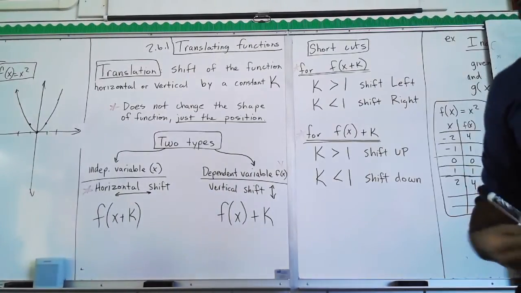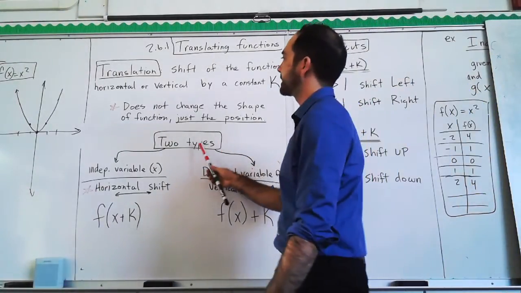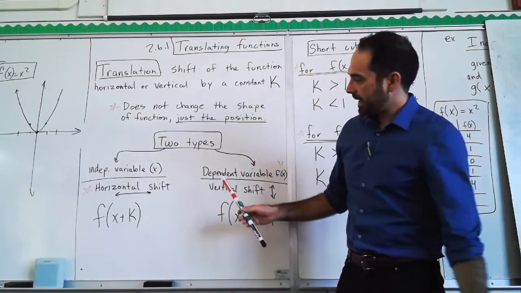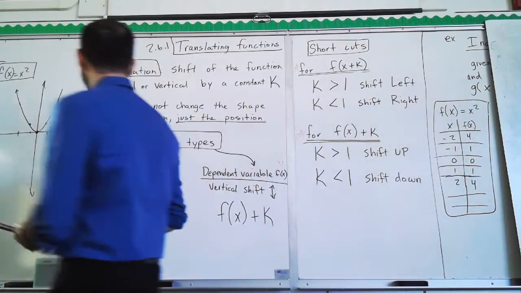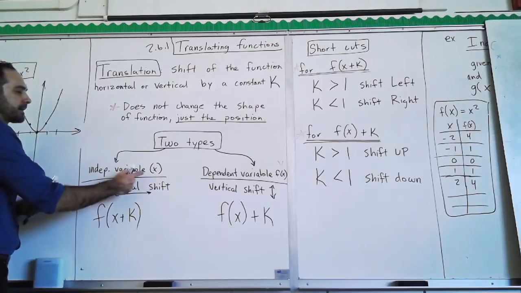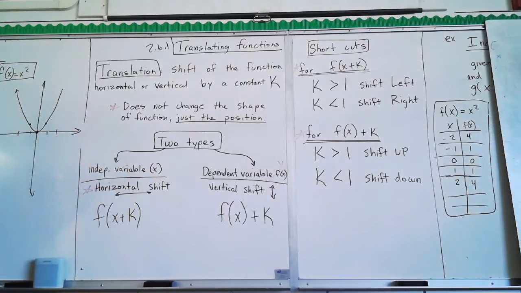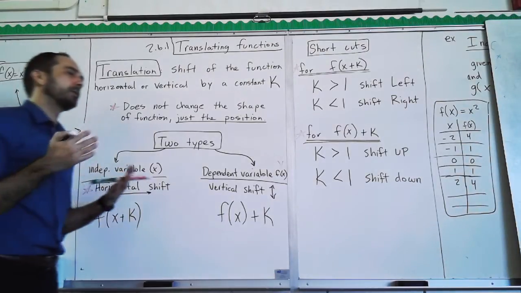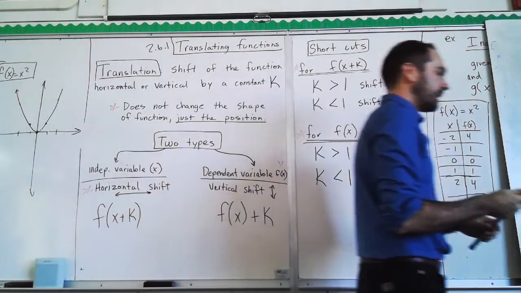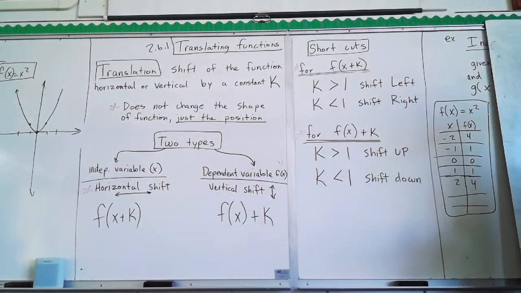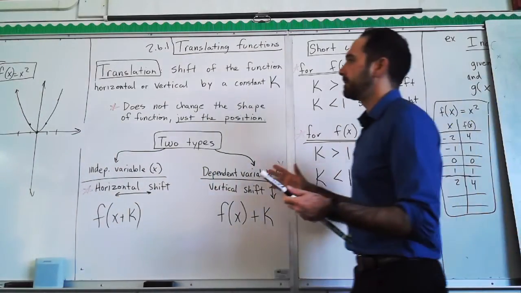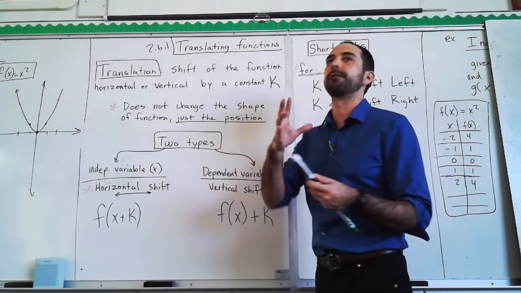Our two types. So we have two types of translations. Now think about this. Our independent variable is x. You can think about this because x, or t, is generally the variable that we are inputting into a function to find our f(x).